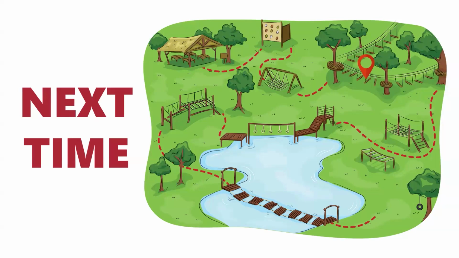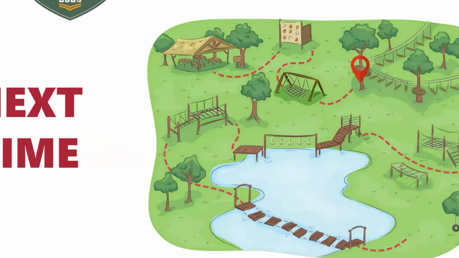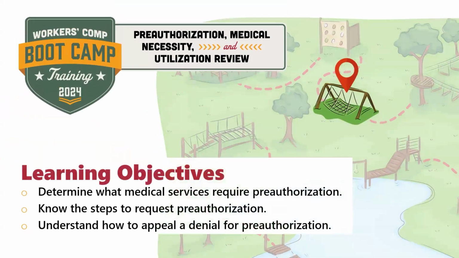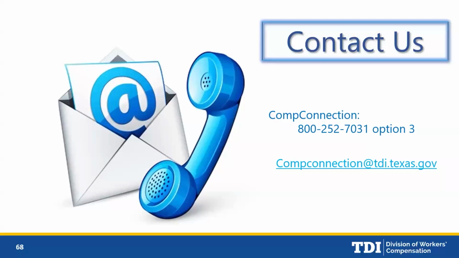Next time, as we make our way through the workers' compensation obstacle course, we're going to go over to this climbing net, and we don't want you to fall through those holes. We're going to talk about pre-authorization, medical necessity, and utilization review. Your learning objectives for the next boot camp are to determine what medical services require pre-authorization, know the steps to request pre-auth, and understand how to appeal. Pre-authorization is your next boot camp topic.